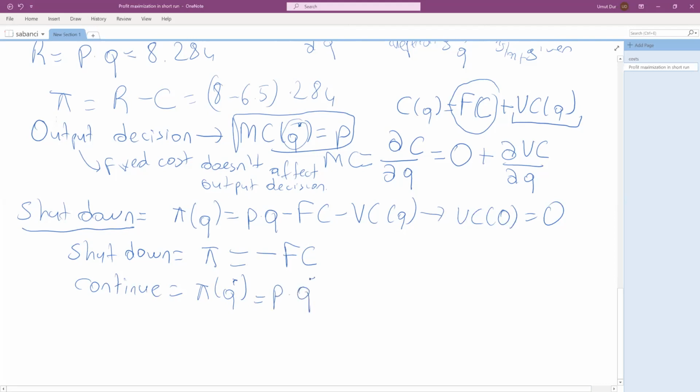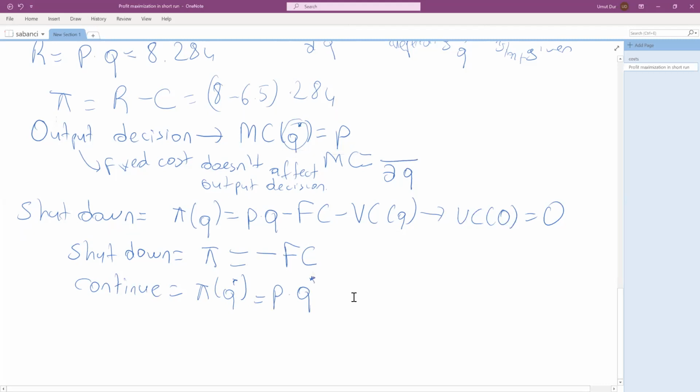P times Q star minus fixed cost. So I always have the fixed cost minus variable cost Q star.